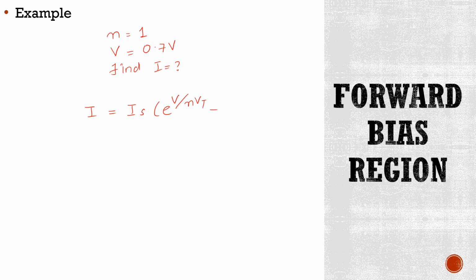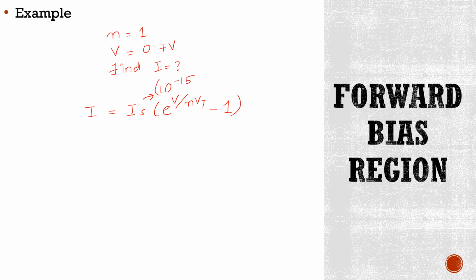Look at this example. If you have n equal to 1 and the voltage of a silicon diode is 0.7 volts and you have to find current, how are you going to find this current? You will use the diode equation. I is equal to Is e raised to V divided by nVt minus 1. Now what is Is? Take this Is as 10 raised to the power minus 15.